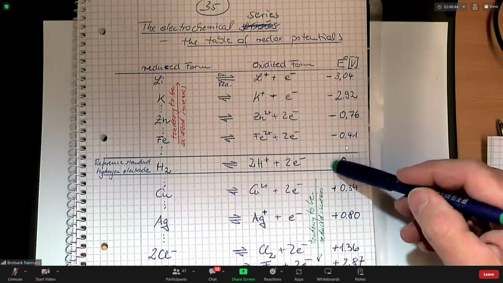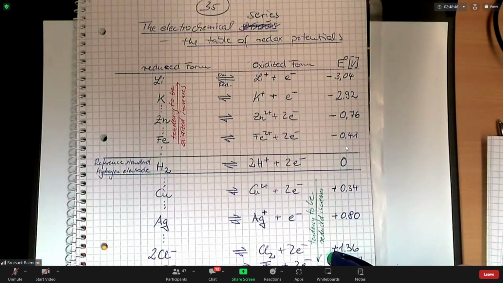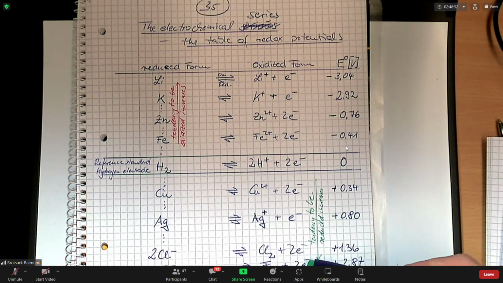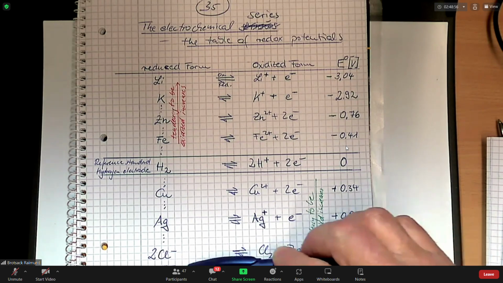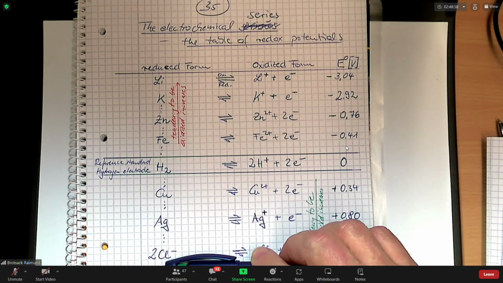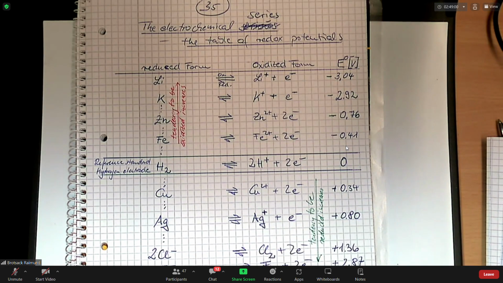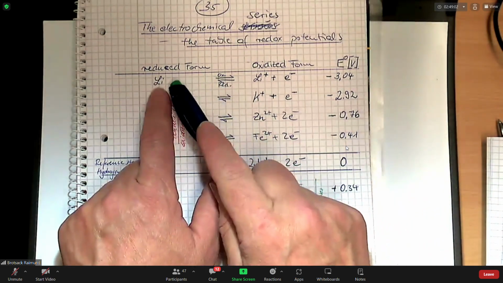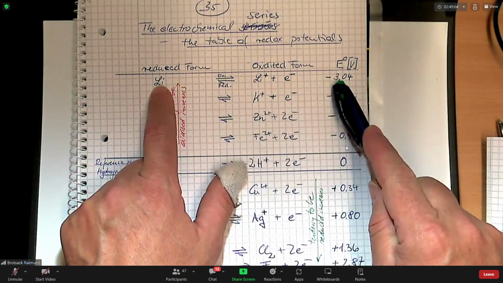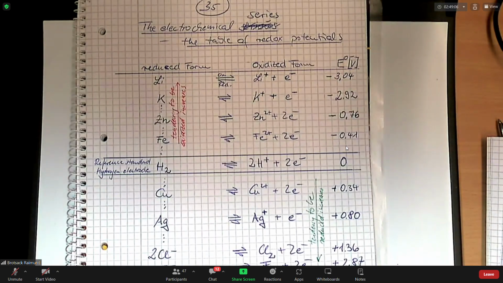So as we go down, the stronger the oxidizing agent, which is reduced. So here it will go from right to left by itself. And here it will go from the left to the right side by itself.